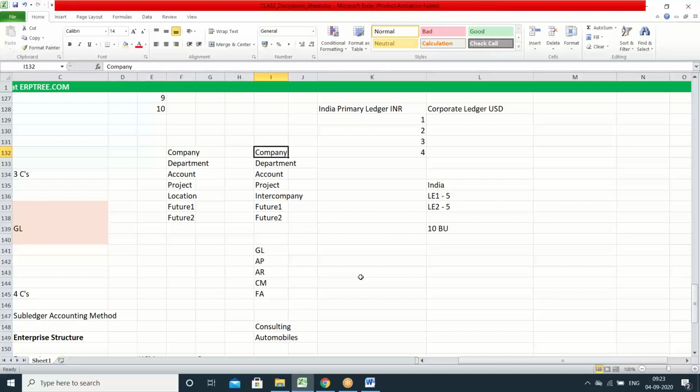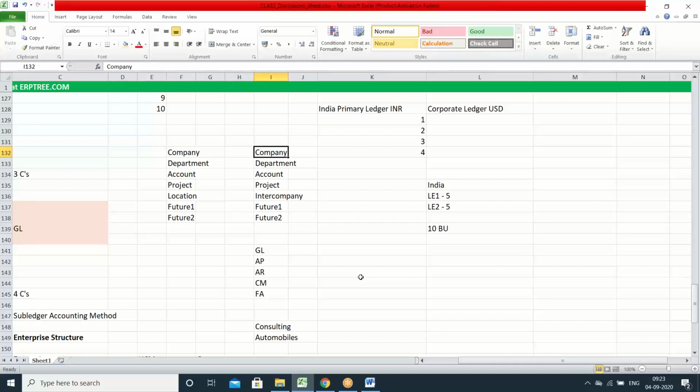So from the chart of accounts, one segment you have to finalize as a primary segment to balance the transactions related to that segment. What does balancing mean? We'll see when we record the transaction. For now, the simple point is, you have to choose one segment as a balancing segment, or you can say primary segment.